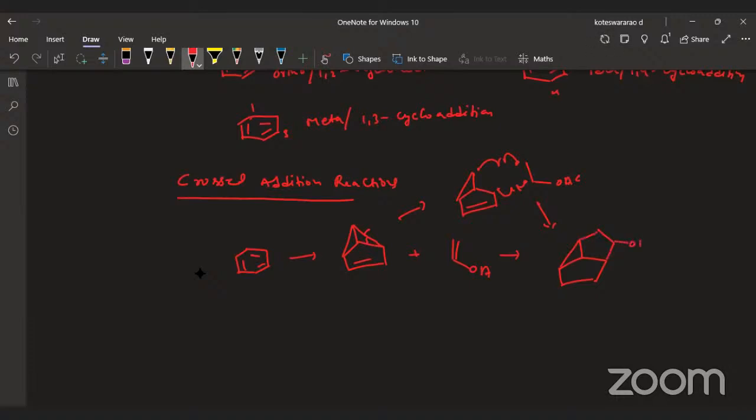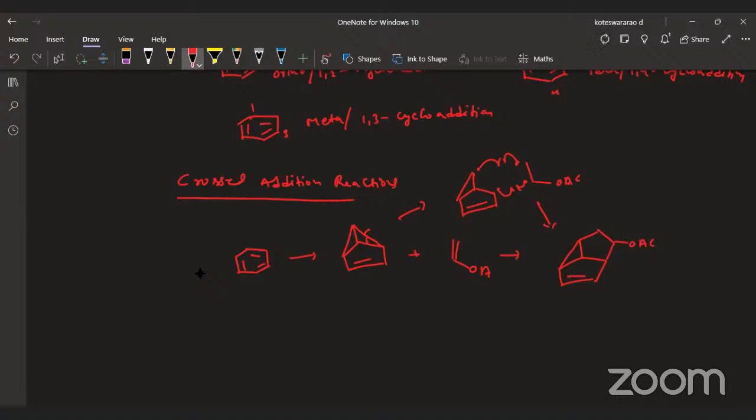That is the product. Look at here. Just simply the breakage of the sigma bond into biradical intermediate. That biradical intermediate is interacting with this system, involving the formation of addition product.